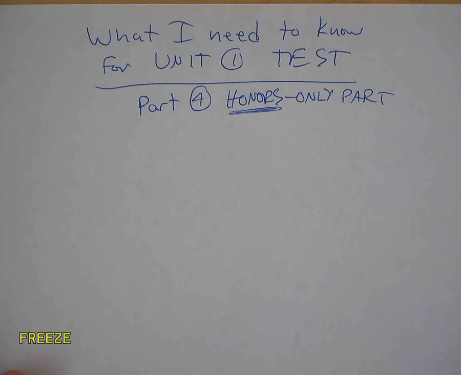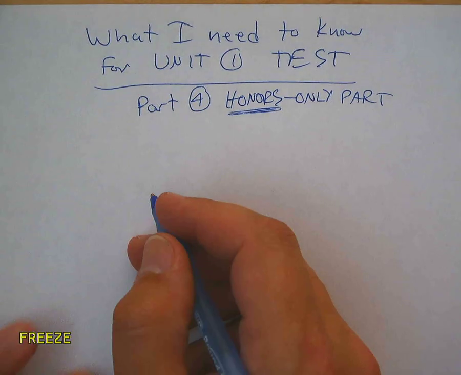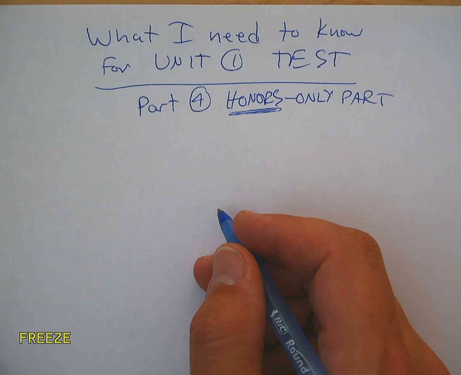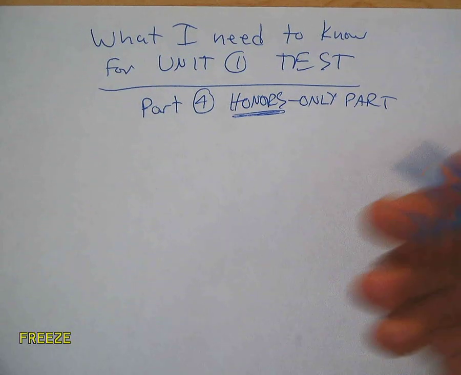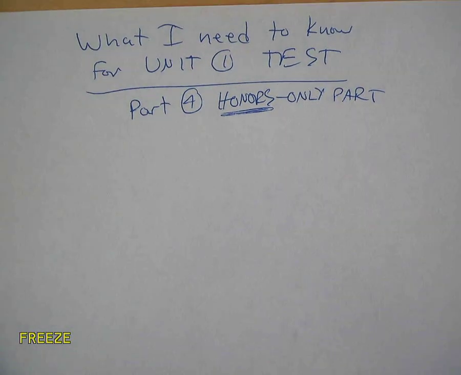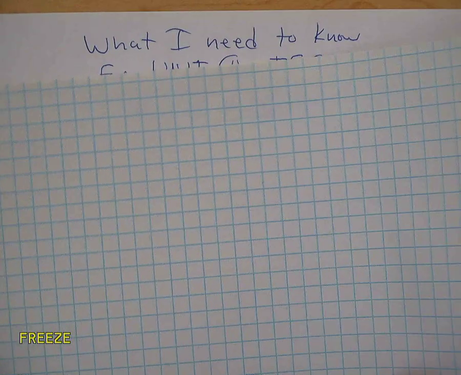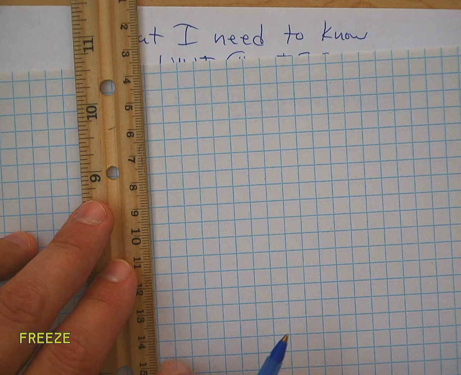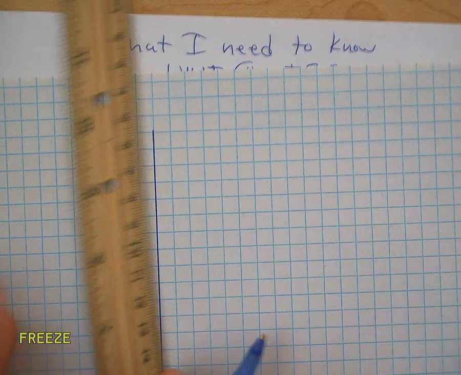So these are problems now that you're doing that are just for honors classes. Okay, so first one is, let's say we have an equation, and I'm going to graph it on the graph paper, like this and like this.